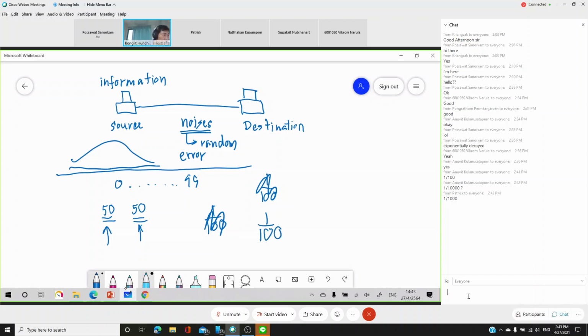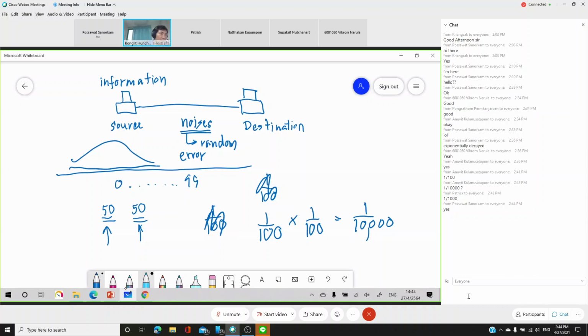First time you need to get 50, and then second time you need to get 50. And the chance of that happening would be 1 over 10,000. You understand what I mean? But after I do the first pick, if I ask you what's the chance of the second pick getting 50 again, the answer has to be 1 over 100, because it doesn't matter what happened on the first pick.